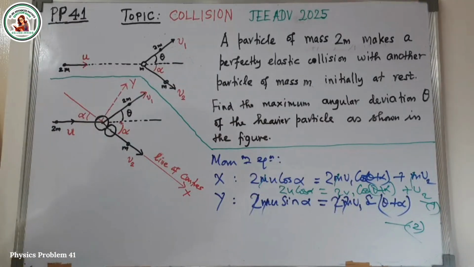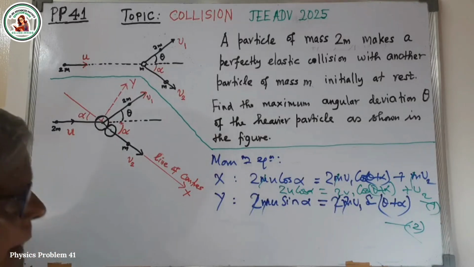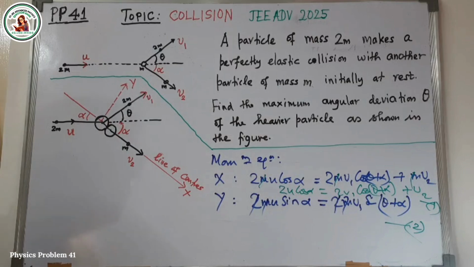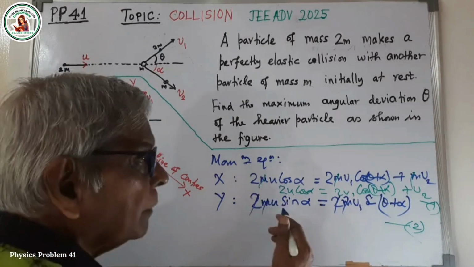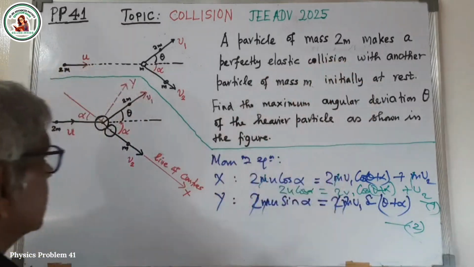Now Newton's equation: velocity of separation equals E times velocity of approach. Here the collision is perfectly elastic, which means E is equal to 1.